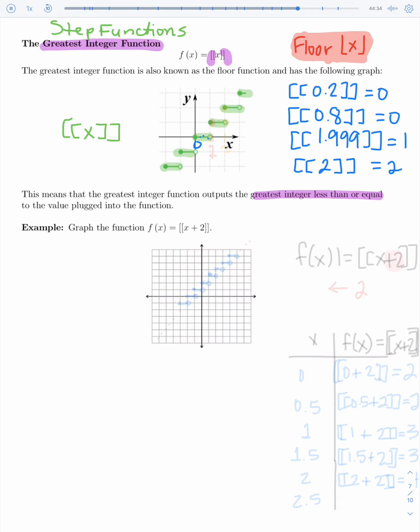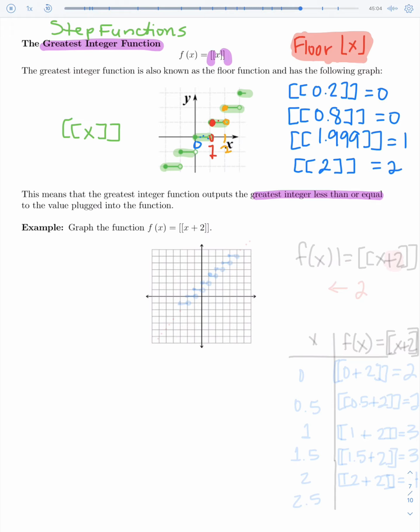But hey, the reason why at 1 there's an open circle here is because 1 is going to stay as a value of 1. That's why it has the closed circle up here. Then 1 point anything, which is over here, stays at 1 and gets rounded down. That's what the greatest integer function is. But when we get to 2, here, again, there's an open circle because 2 will stay as 2, and that starts our next step.